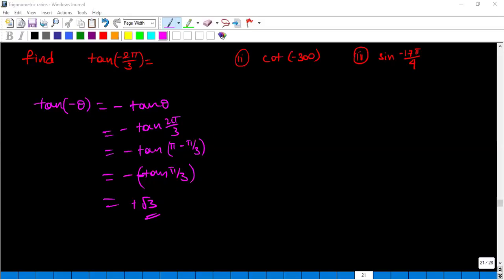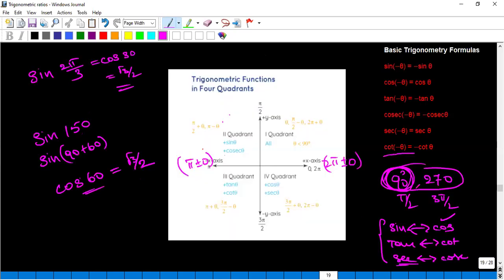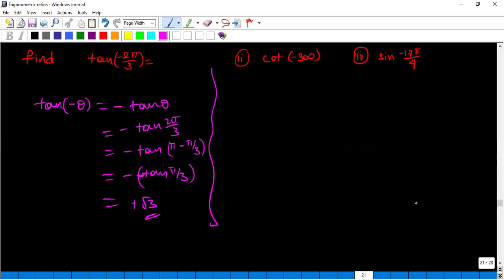Okay, now see this particular one. Cot minus 300. Initially we know cot minus theta means obviously fourth quadrant. We have seen the formula, and from the formula we are just taking cot minus theta is minus cot theta. So directly we are taking. So I can write here minus cot 300.